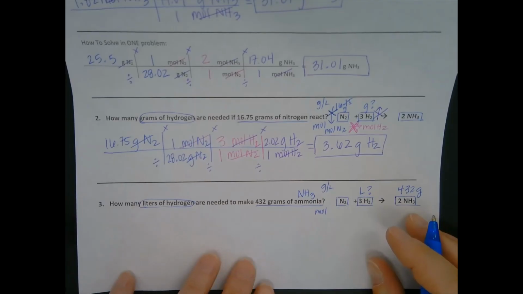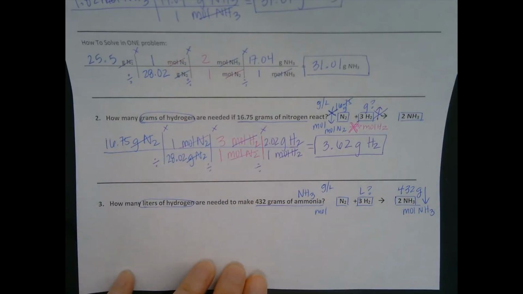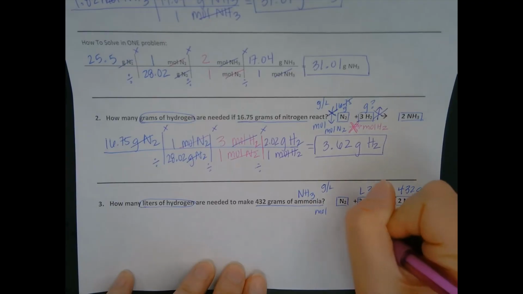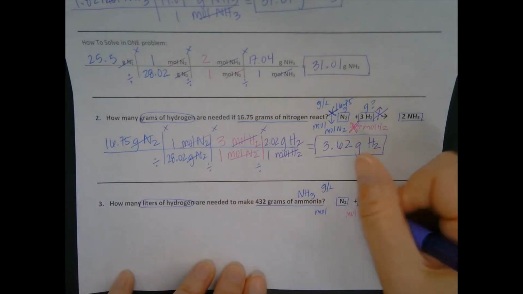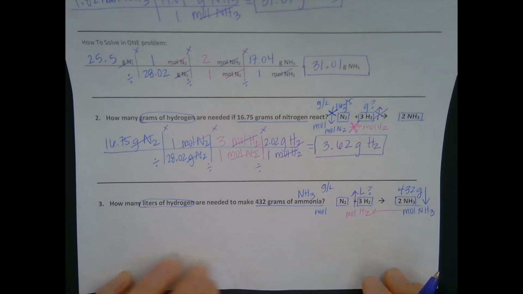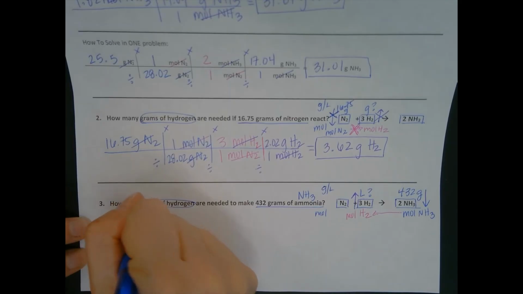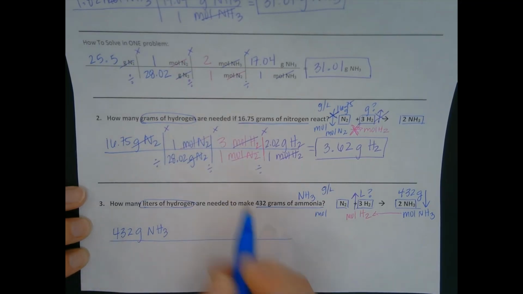So my first step is going to be going down to mole street, so mole NH3. Okay, where do I go from here? What's the second step? Mole H2. And what's the third? Liters of H2. Okay, so let's set up a train track. 432 grams NH3.